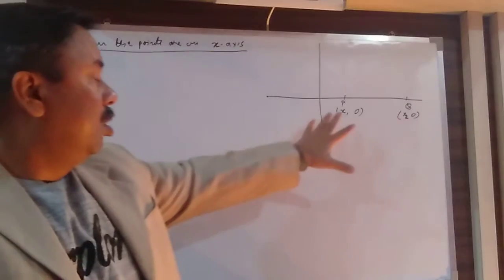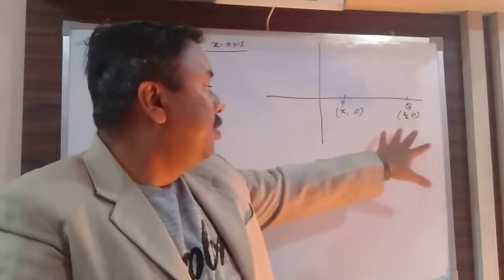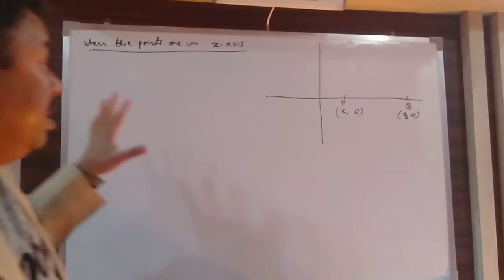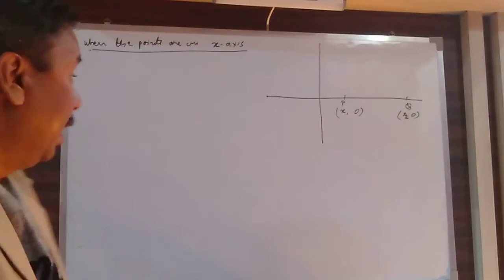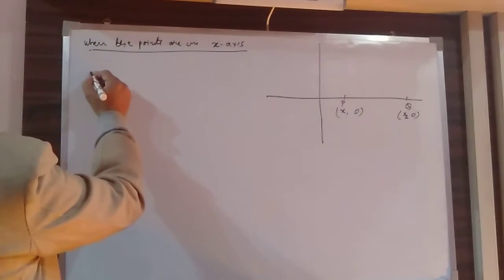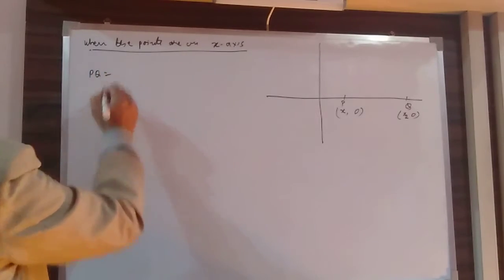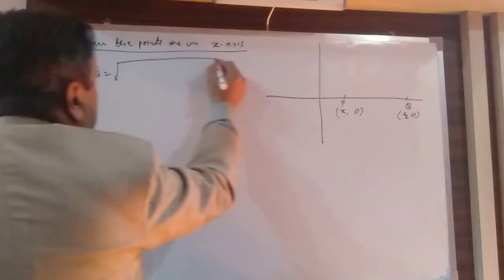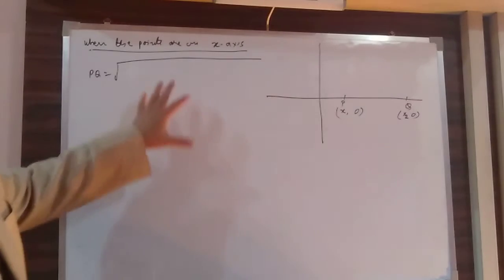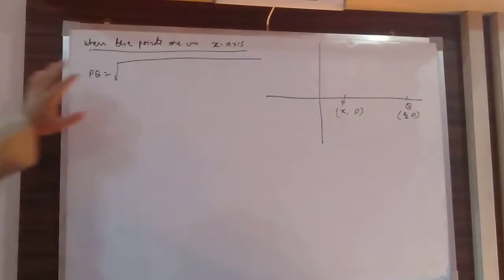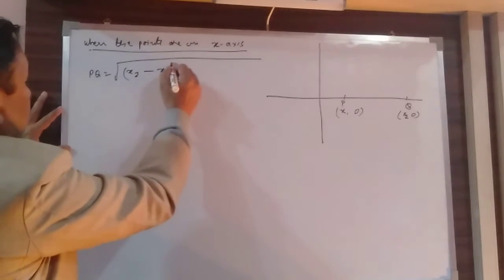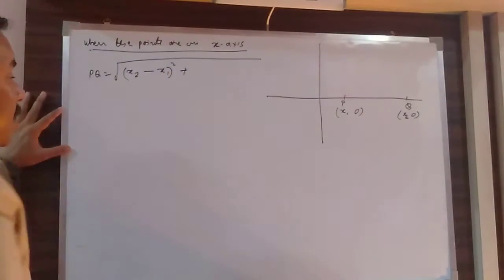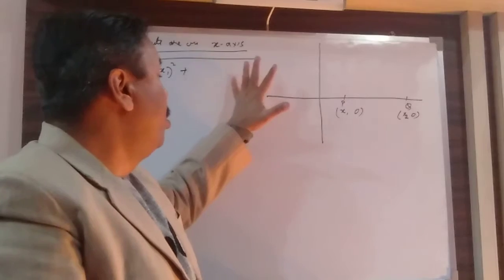Okay, so this will be x1, 0 and this will be x2, 0. Now using the same distance formula, what do I get? PQ is equal to, as I said, the square root of (x2 minus x1) square plus (y2 minus y1) square.